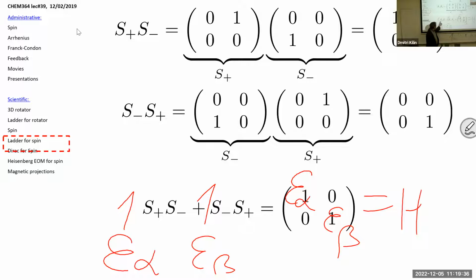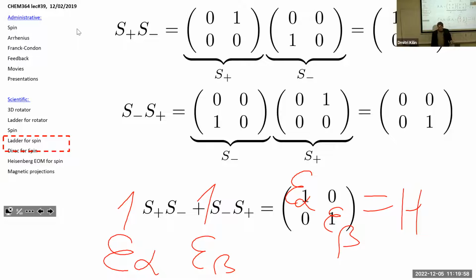Okay. So if you put factor one here and factor one there, it will be the identity operator. You did prove it. One can put different numbers here. For example, one can put epsilon alpha, epsilon beta here, and then it will be a matrix with values epsilon alpha and epsilon beta on the main diagonal.